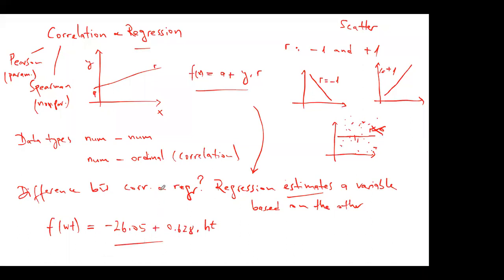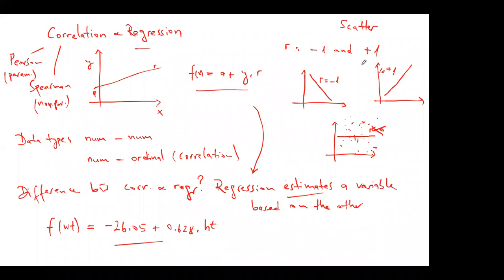So in summary, I think that much should be enough for you. In summary, correlation and regression are brothers and sisters. They are very much related to each other. But in a correlation, you only look at whether there is a relationship between the two variables or not. The relationship can be negative or positive, or there can be no relationship at all.